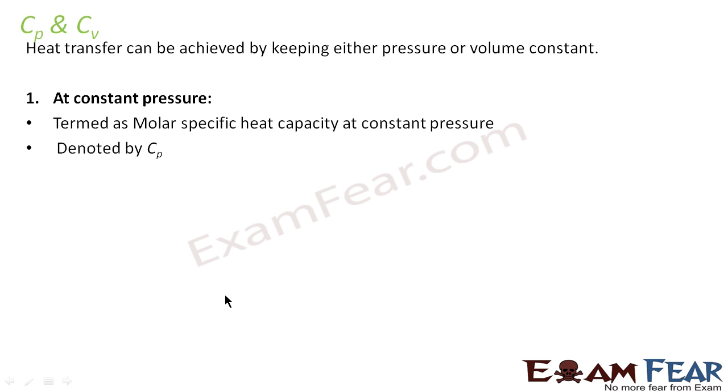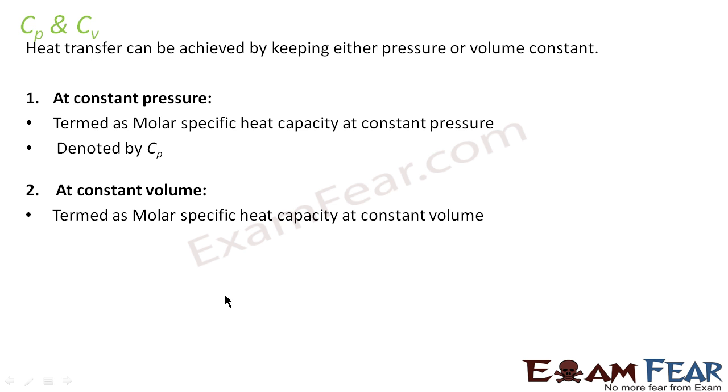Similarly, when volume is kept constant, it is denoted by CV and it is known as molar specific heat capacity at constant volume. So these are two terms which will be used depending on whether pressure or volume is kept constant.